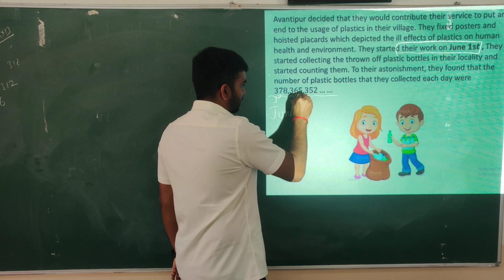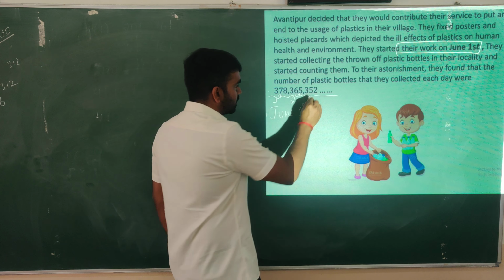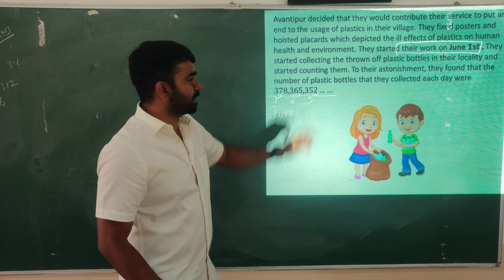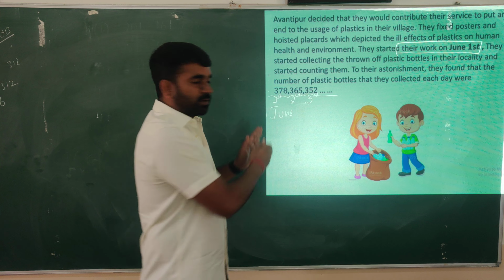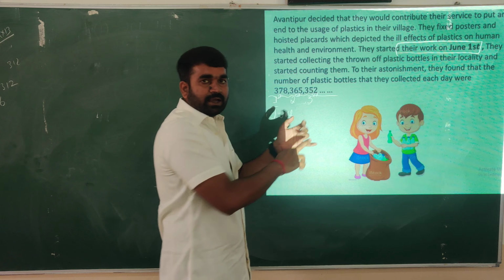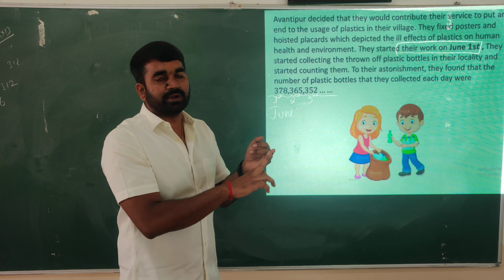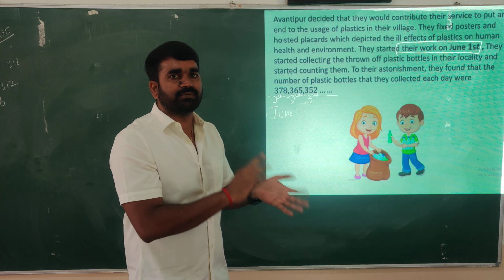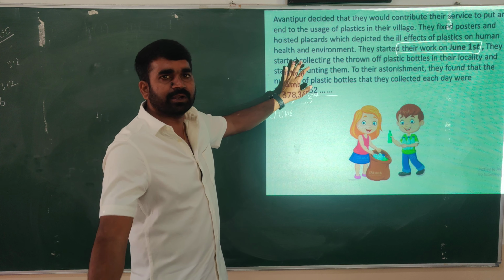On June 2nd, 365 bottles, and on June 3rd, 352 bottles. So using this AP, we are going to write the first term and the second term. Using the first term and the second term, we can find anything they are going to ask.